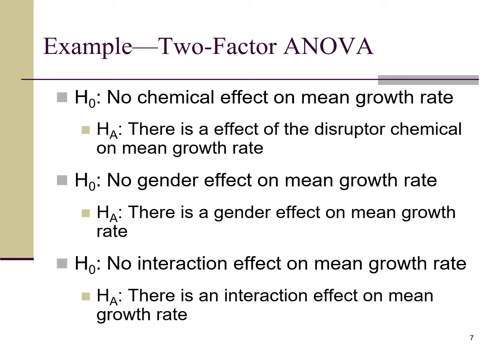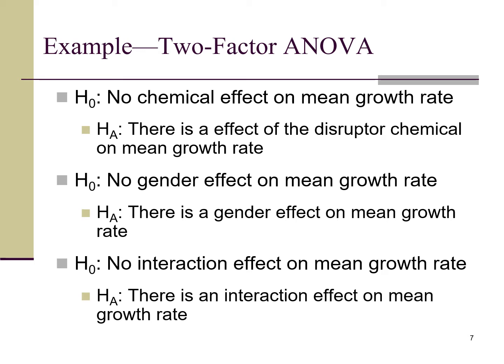Now we have multiple hypotheses here. So H sub 0, no chemical effect on mean growth rate. HA would be the effect of the factor A, that there is an effect of the disruptor chemical on mean growth rate.